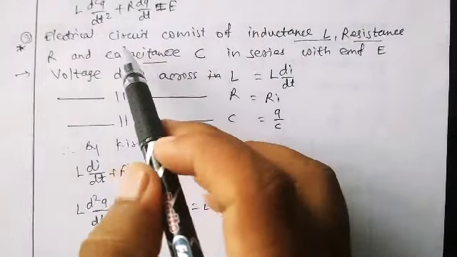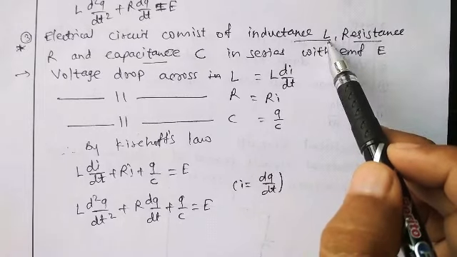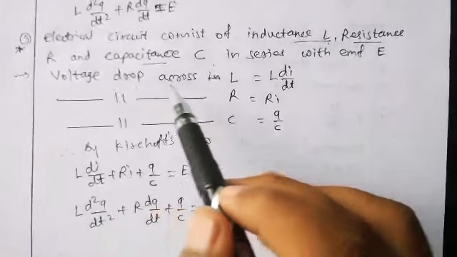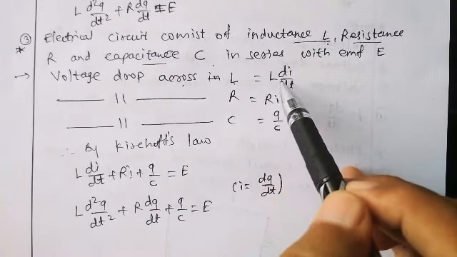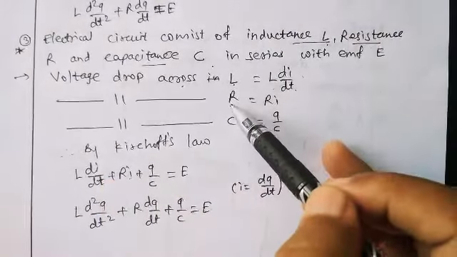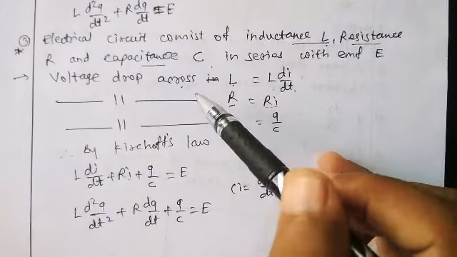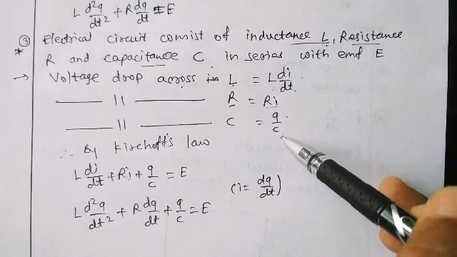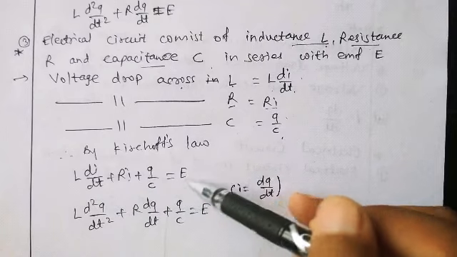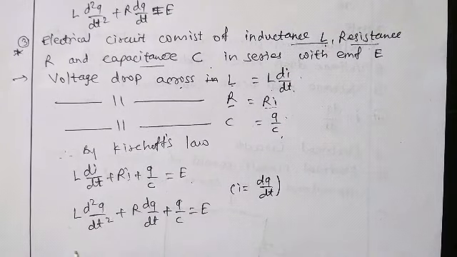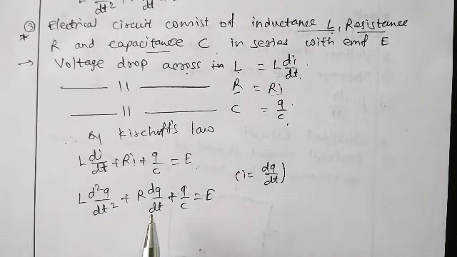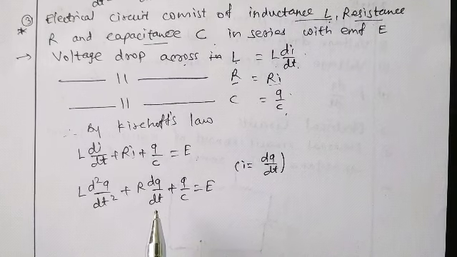Once again, see the circuit consisting of inductance L, resistance R and capacitance C in series with EMF E. Voltage drop across L is L into di by dt, across R it is Ri, and across C it is Q upon C. According to Kirchhoff's law, the addition of all these voltage drops is equal to EMF. So we found the differential equation. Now we are going to solve examples using this differential equation. We will see the examples in the next lecture. Thank you.